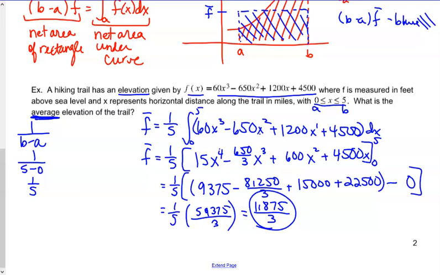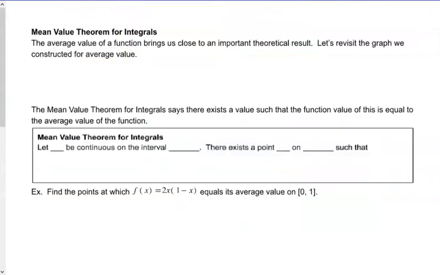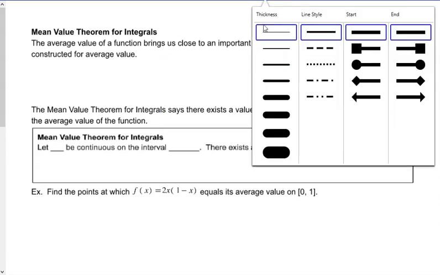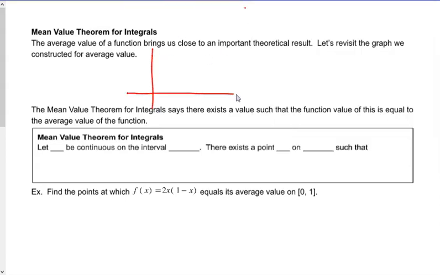All right, very good. So that was an example that leads us to our mean value theorem for integrals. And the mean value theorem of integrals holds very closely true to this average value of a function that brings us to this theoretical result. Let's revisit the graph that we constructed for average value. I'm going to do it in the same colors. So here was my graph.